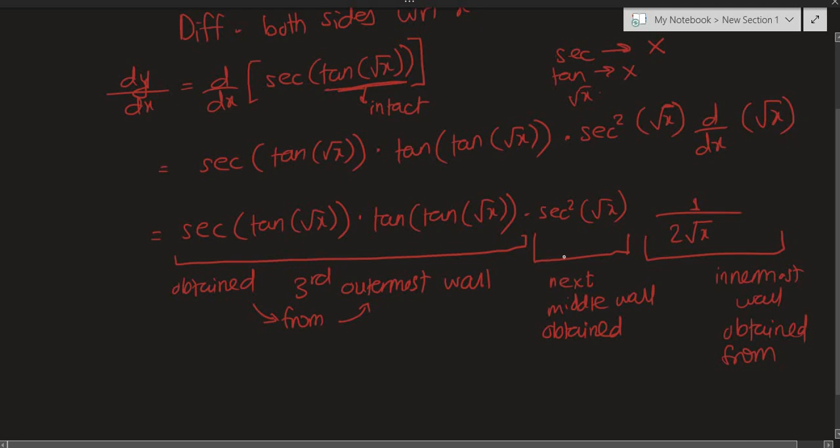So that's just to bring into perspective, I'll probably just repeat myself. So we had secant of the tangent of the square root of x. So 3 functions, one inside the other. So 3 walls according to our analogy. So we differentiate the first function, keeping the inside part intact.